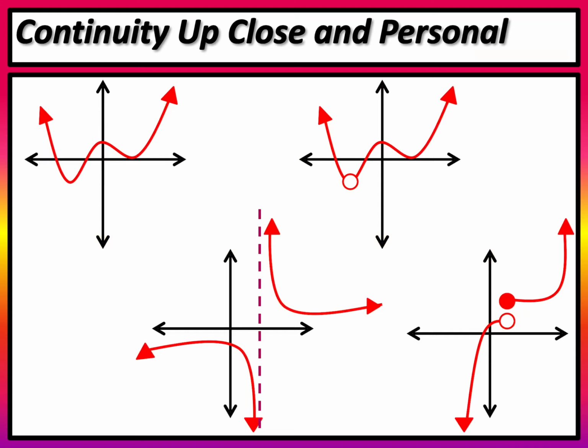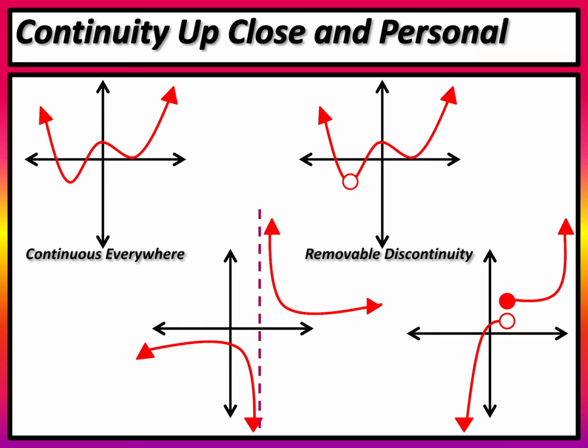Top left, that is continuous everywhere because I can trace that entire function and not have to pick up my pencil. Top right, when I trace that function, you see that hole makes for one singular ordered pair that I have to skip over. So that is actually removable.